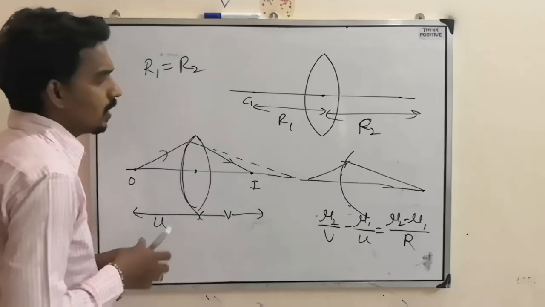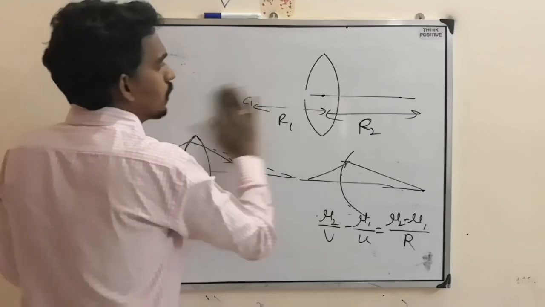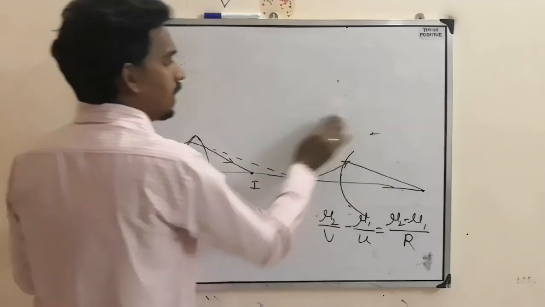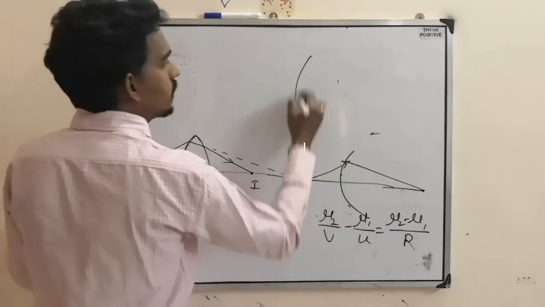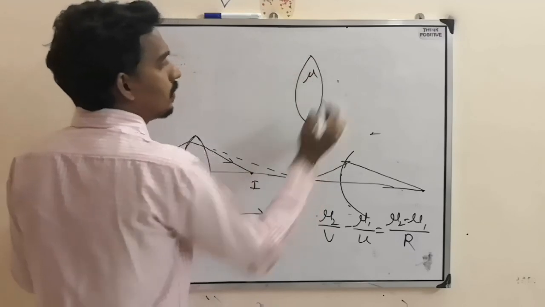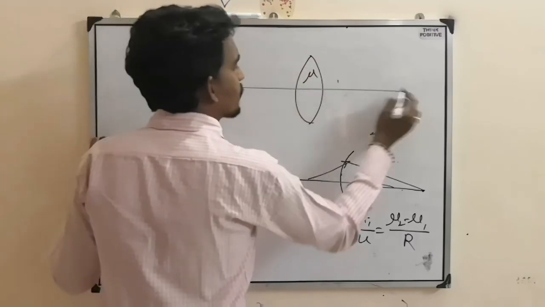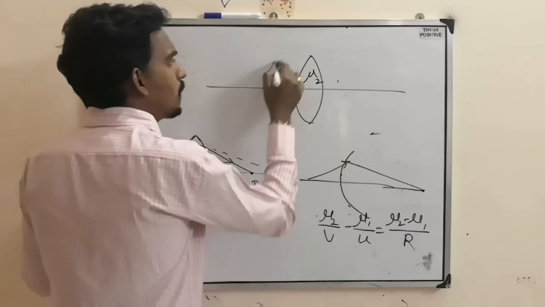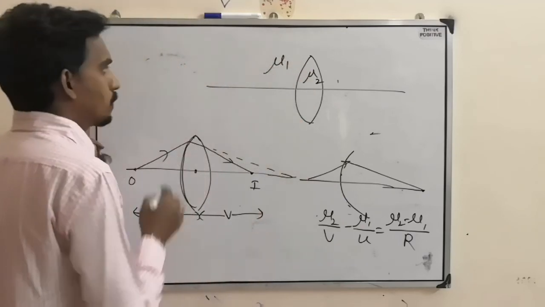Using this we derive the formula for the focal length of a convex lens or concave lens. Let's take the lens medium refractive index mu2, placed in a medium of refractive index mu1.